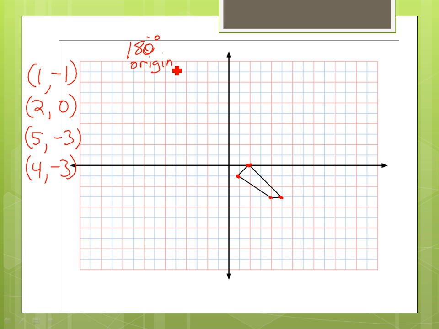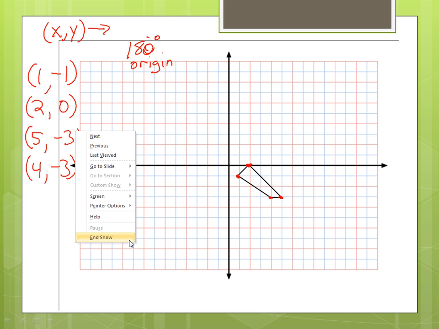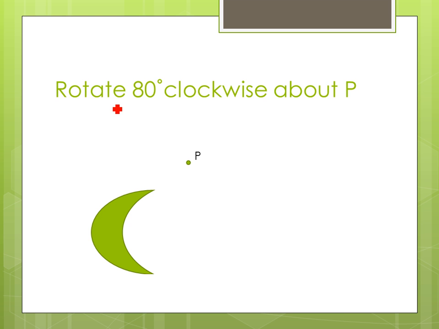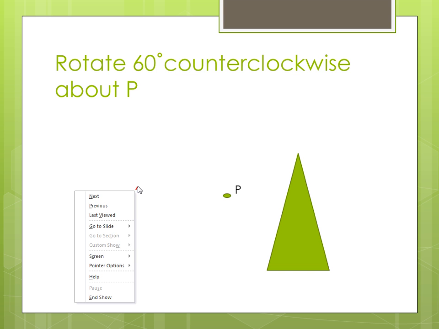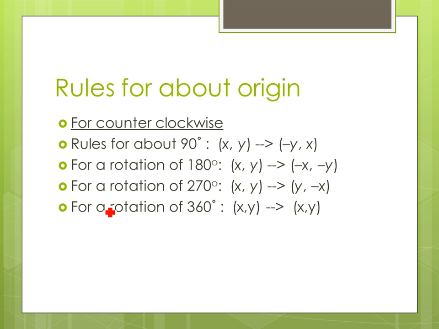The rule for going 180 degrees either way, if you look at your notes: (x, y) goes to (-x, -y), so it leaves them in the same order, but makes both of them the opposite.